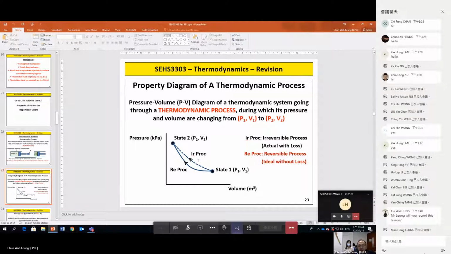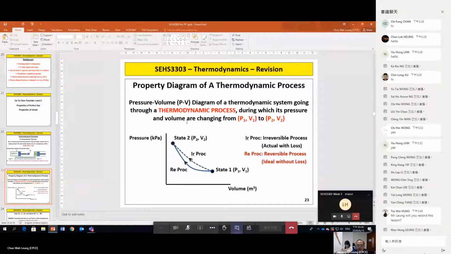However, in actual cases, loss is always encountered. We always have loss, right? So if we always have loss, that means this actual process cannot be reversed back, because you keep on losing something to the surroundings and it disappears.